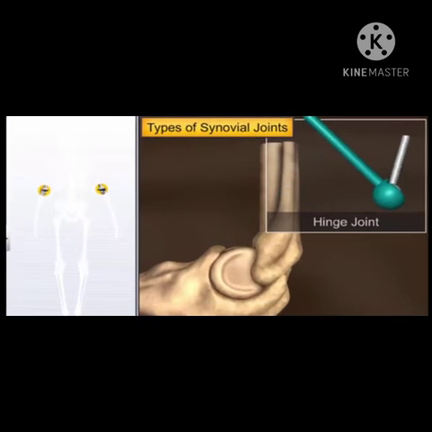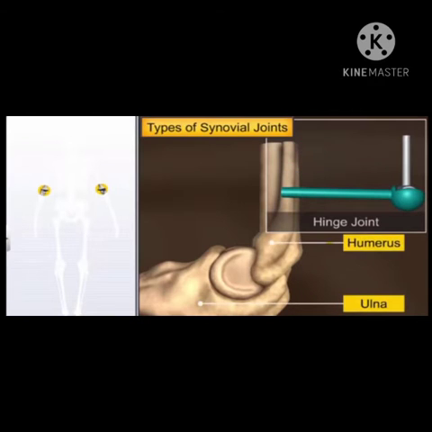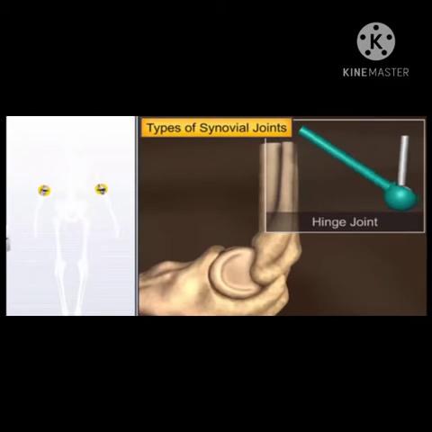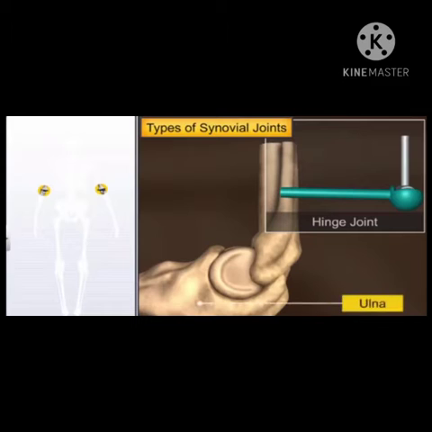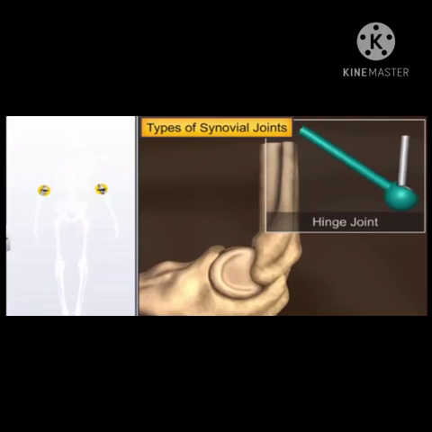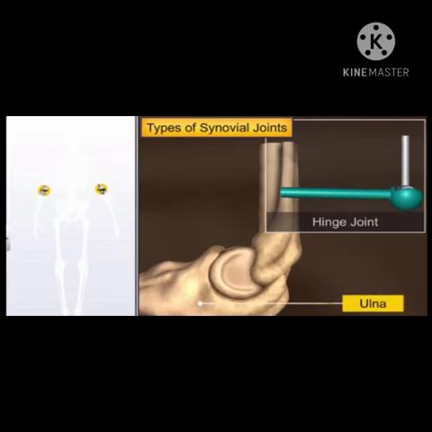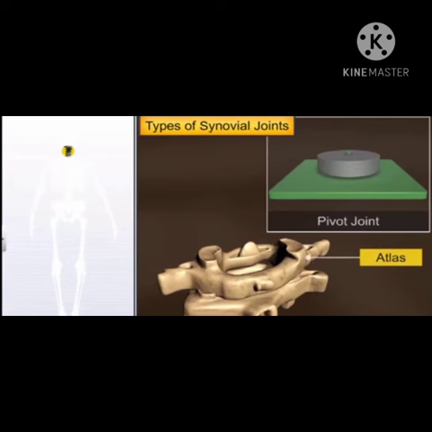Hinge joint, and it allows movement in only one direction, right? The same way at the knee, your femur and tibia fibula are joined by which joint? That is hinge joint.